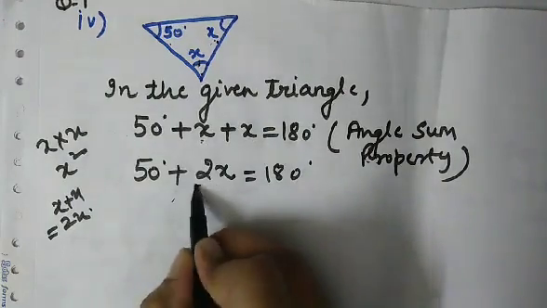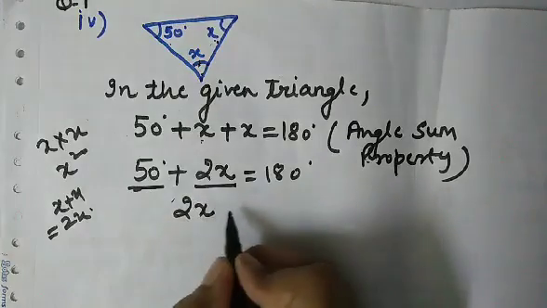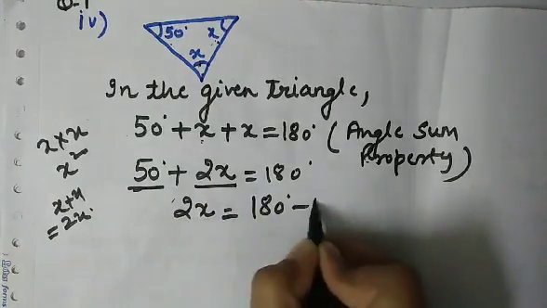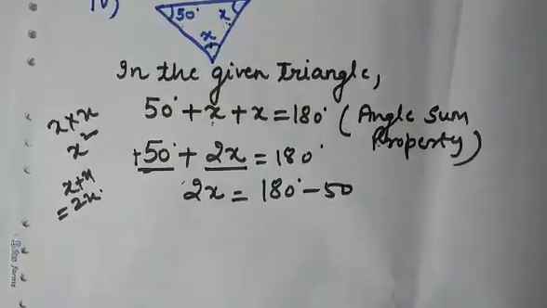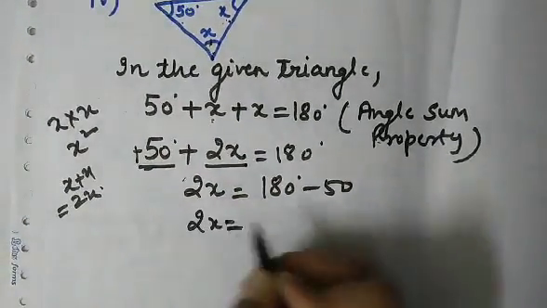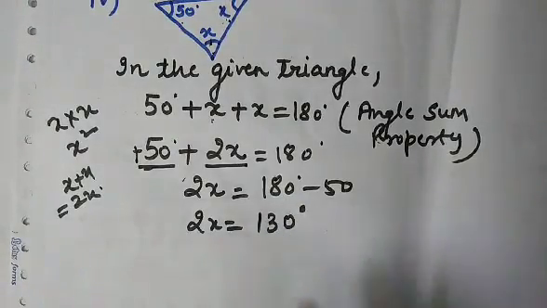Now I have to find x, so 2x will remain the same and this 50 has to shift its side. So it will be 180 minus 50, because here it is plus, so if it changes its side it will be minus. So 2x is equal to 130 degree. On subtracting I get this.